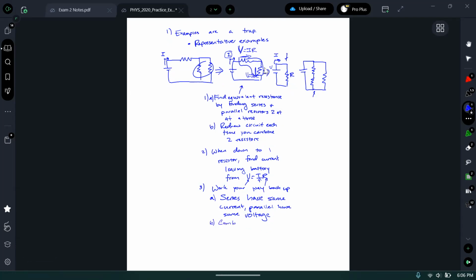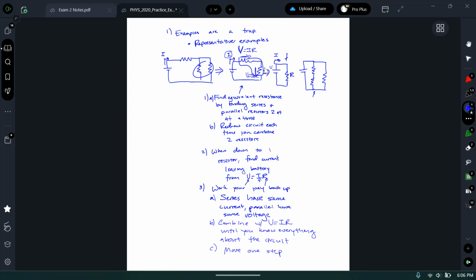So you'll combine that idea of series and parallel relationships with V equals IR until you know everything about the circuit. And then, and only then, move one step up.